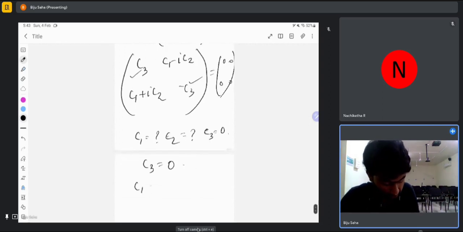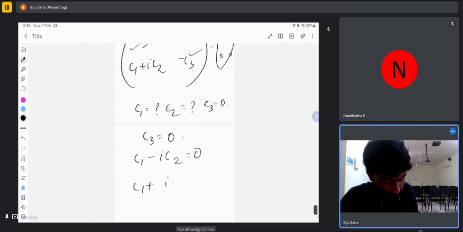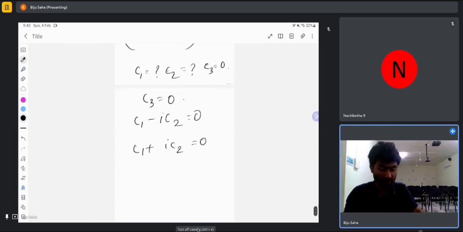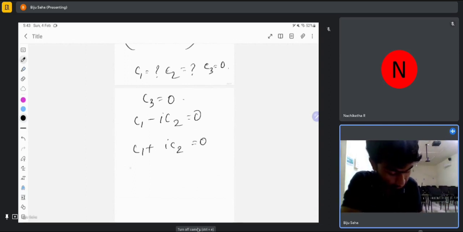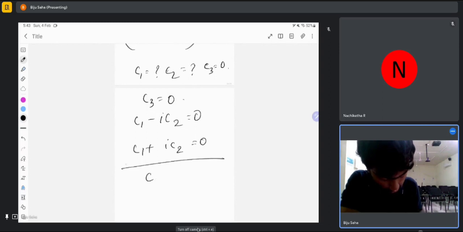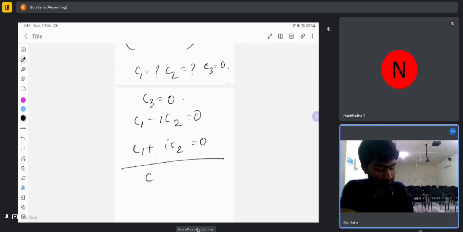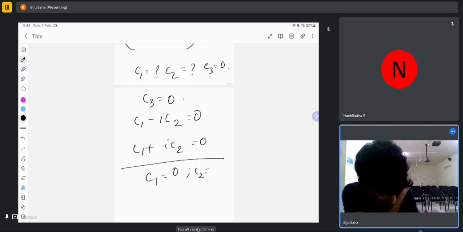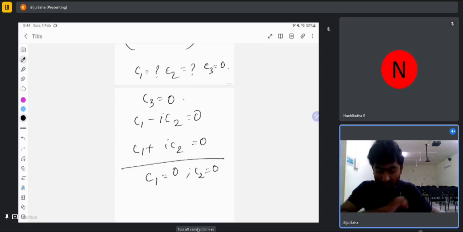And then the other is, this is for the other scenarios. So from this case, again what we have is minus c1.